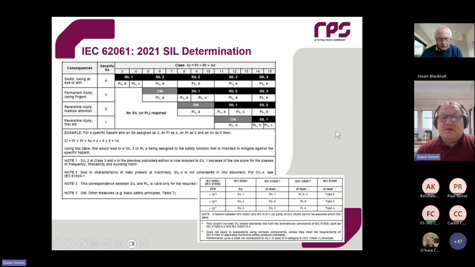And as another thing they've added into the standard, this table is in place for the probability of dangerous failures per hour. The D off the end has gone, because it used to be PFHD.